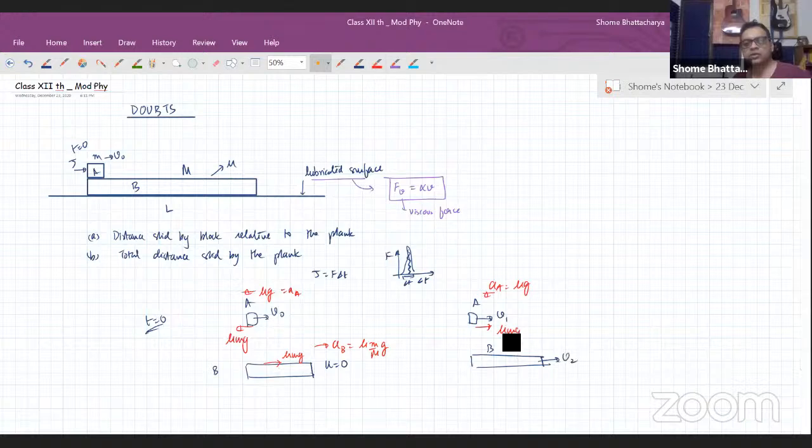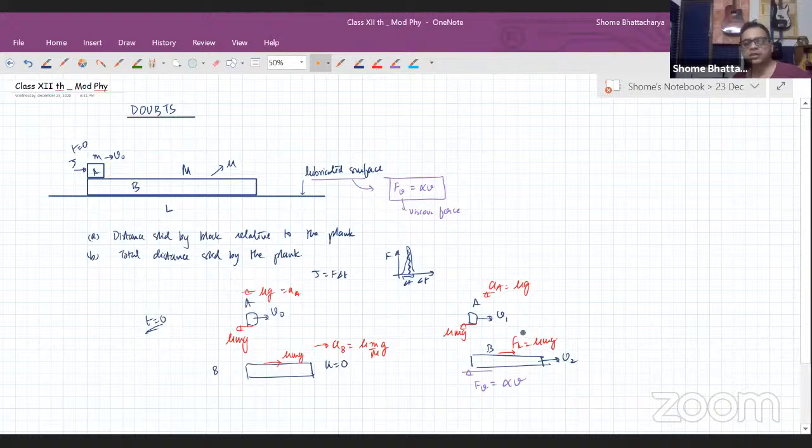So B will now have a second force also. There is kinetic friction here, which is mu mg. The second force acting on B is the viscous force, which is alpha V, like this.